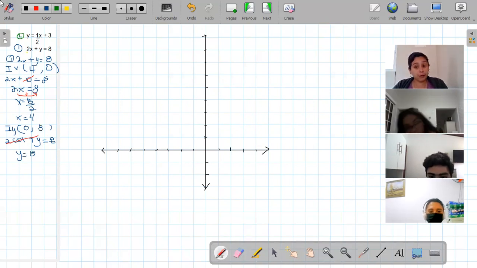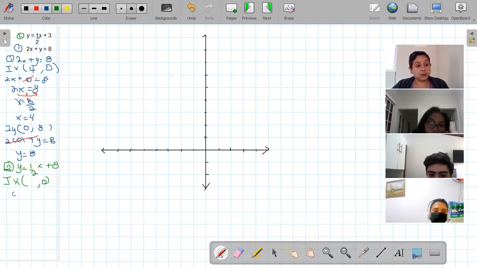Now we go with the second equation, which is actually the first one. It doesn't matter. Okay, equation 2. y is equal to 1/2 x plus 8. Again, we find the intercept in x. And the intercept in x is when y is 0.